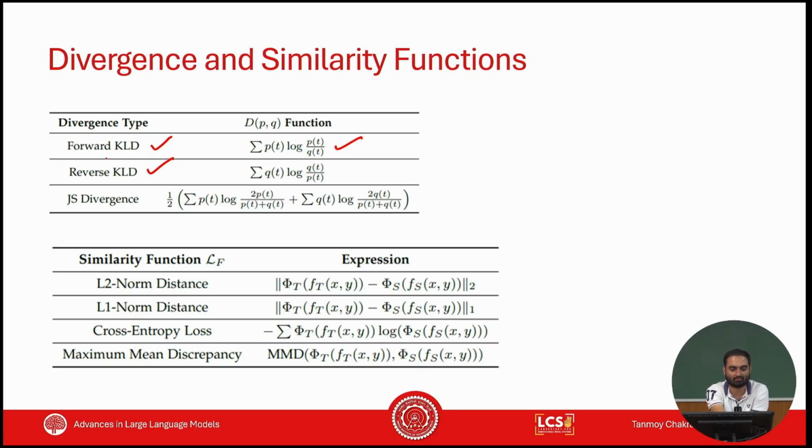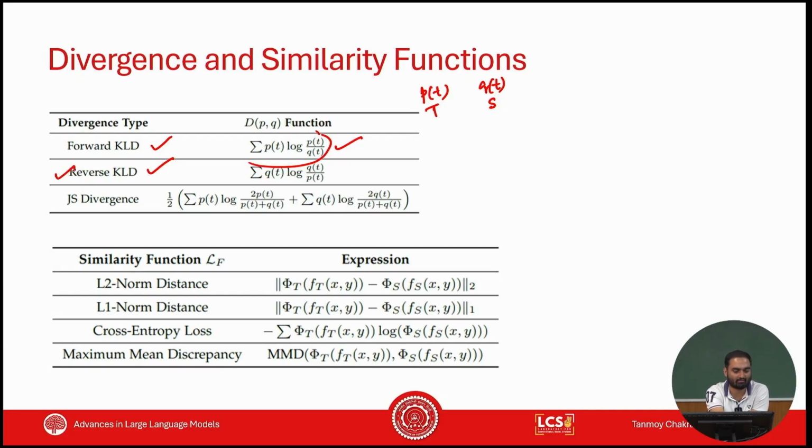Normal KL divergence, or the forward KL divergence, where let's say there are two distributions P and Q, is the sum of PT log PT by QT. Now let's say PT is the distribution of the teacher model, QT is the distribution of the student model. Then you take the KL divergence between teacher and student.